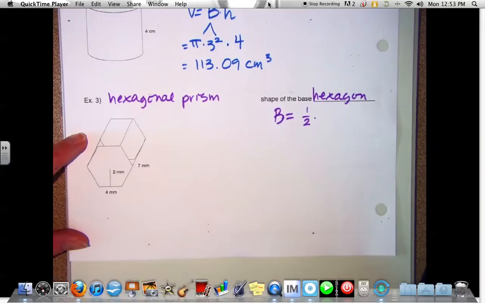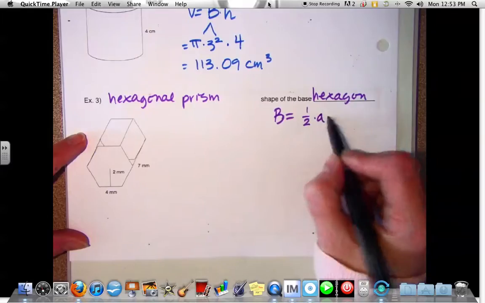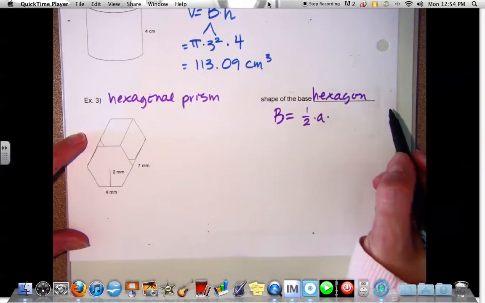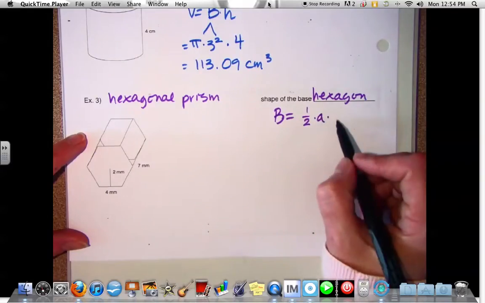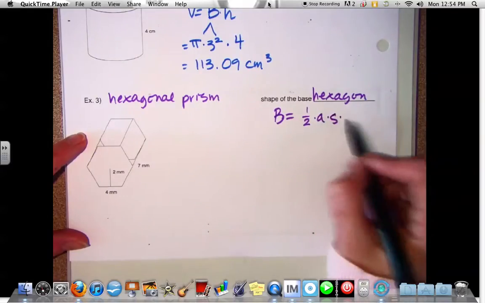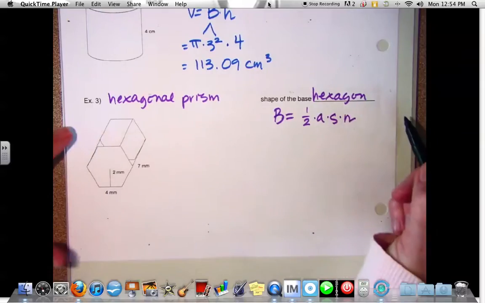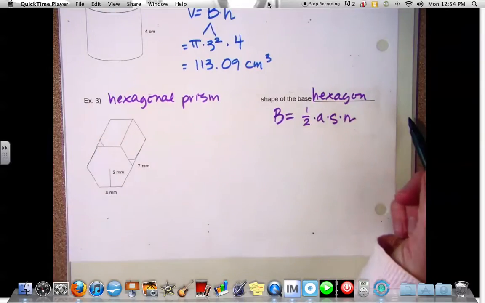Starts with an A. Nobody remembers what it's called. Apothem. Yes. So, the formula for the base: 1/2 times the apothem times the side length times the number of sides. Same thing as finding the area of the triangle and multiplying it by the number of triangles that are there.